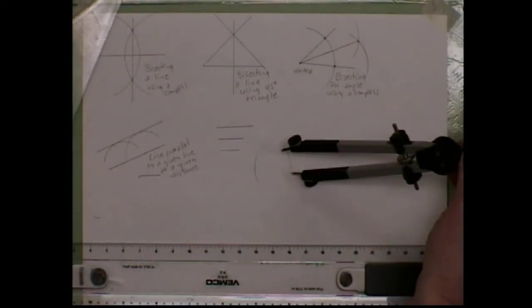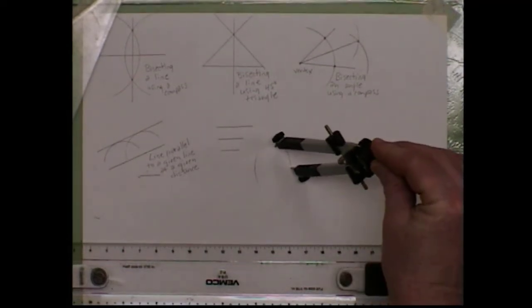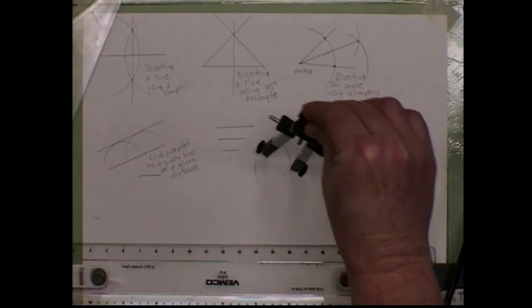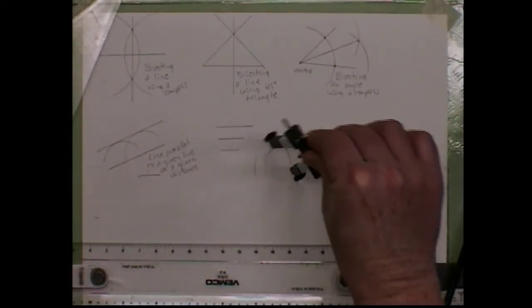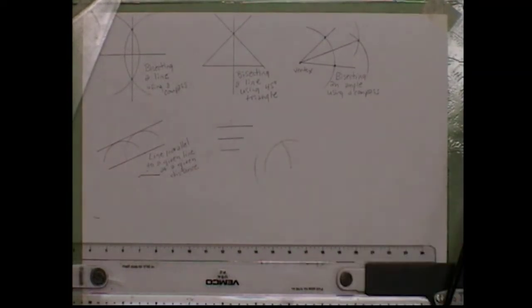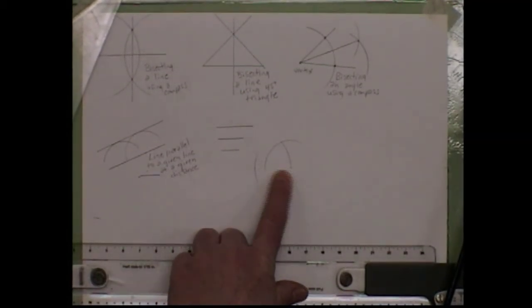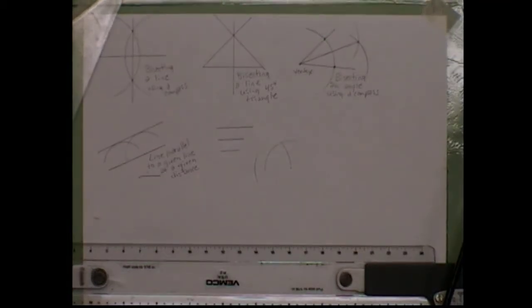So if we use that same endpoint, I'm just going back to this same endpoint. I'm striking an arc. And it'll look like there's no real rhyme or reason to this thing. But if you use your same points, then it's a little more accurate. So I used that same endpoint that I did to strike this arc. And I made another arc.